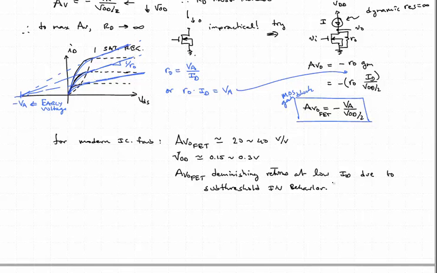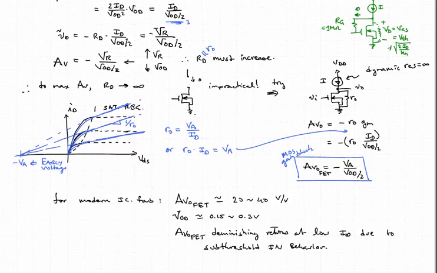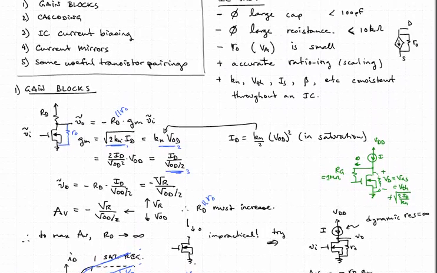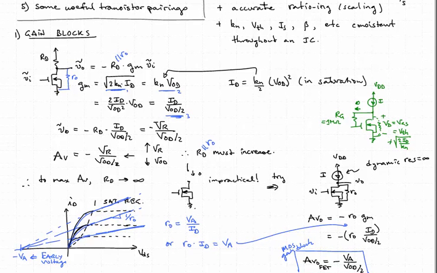So our model for the transistor in the saturation region kind of breaks down when we get below the threshold. So where did I write that relationship? Right here. This guy.